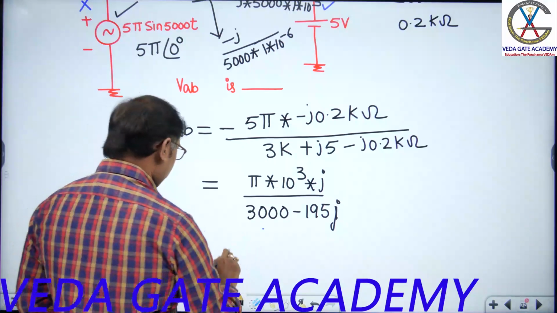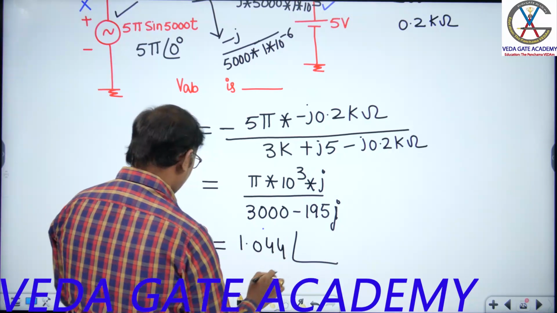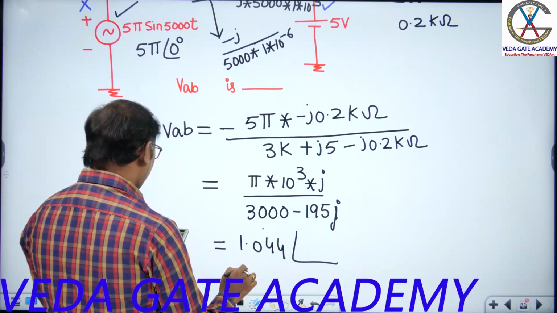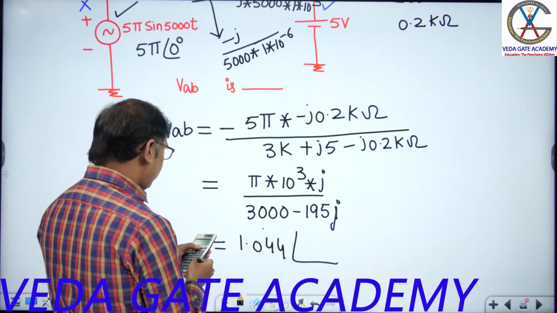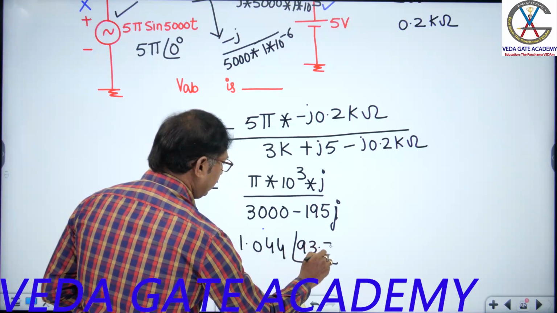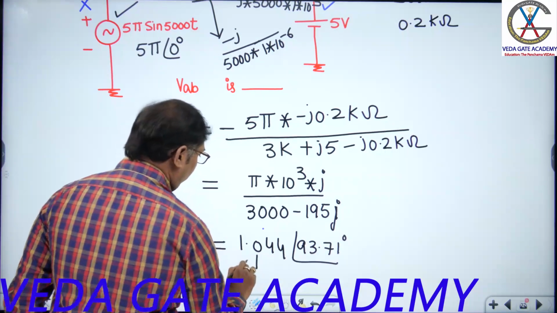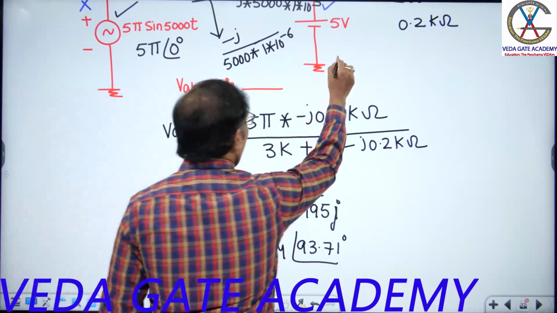This value in phasor form you get as 1.044 at an angle 93.71 degrees. 1.044 is the maximum value itself. Finally, what is VAB?